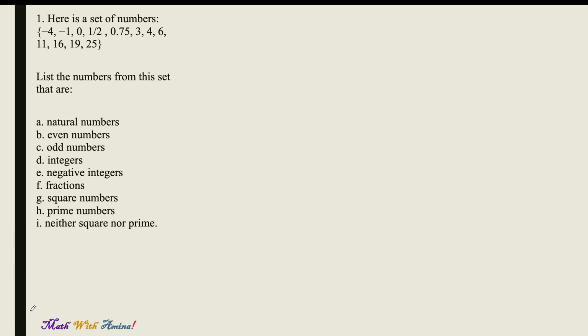Starting with the natural numbers. What are the natural numbers? Natural numbers are counting numbers starting from 1, in which 0 is not included.